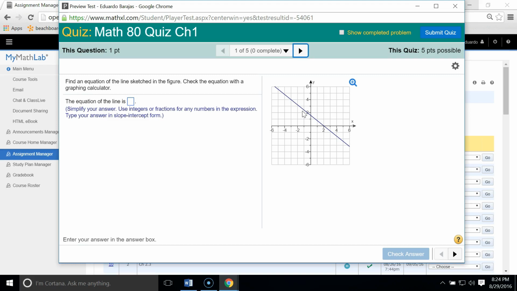Don't let yourself be one of those people that finishes their homework at 11:02 p.m. the night before, so now you have exactly 58 minutes to do the quiz, and you go to it and you're like, damn, this is the hardest quiz I've ever seen in my life. And they don't even consider closing it and opening a new quiz. They just do the first quiz that pops up, spend 50 minutes, don't get a good score, don't get 70%, and then don't have a second chance at the test.